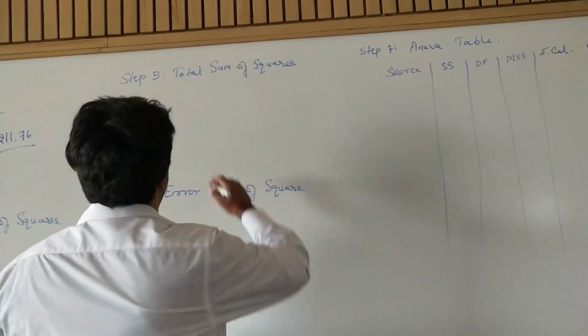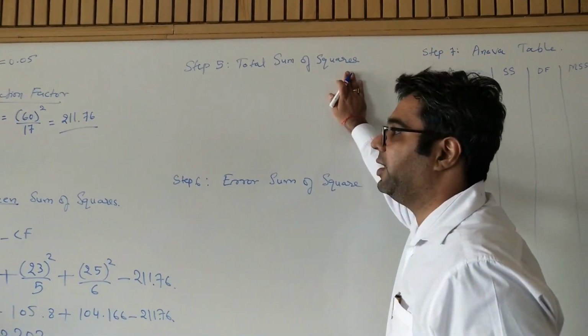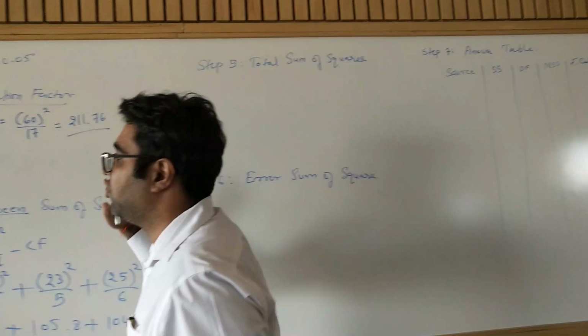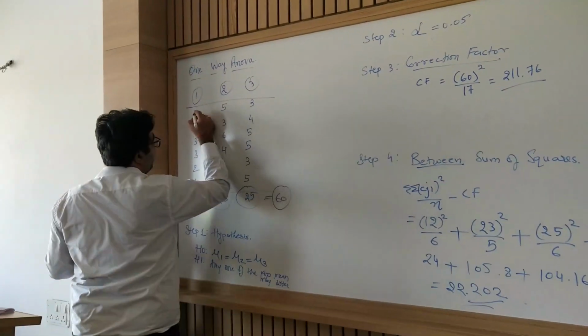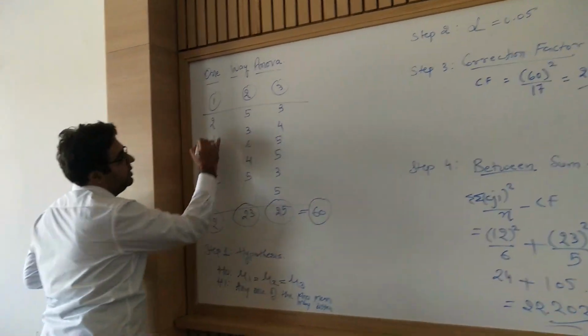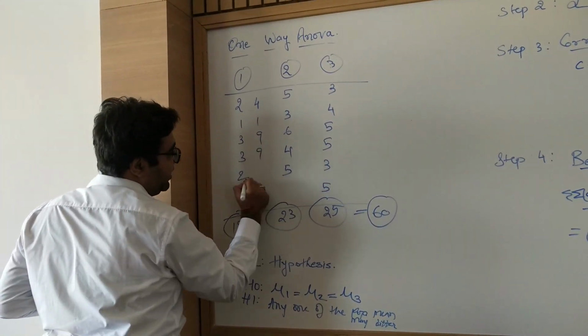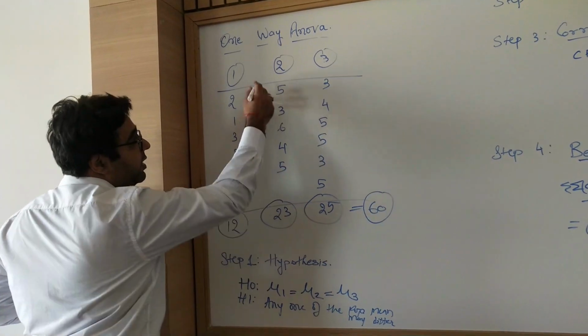Now comes the next step, that is the total sum of square, also known as TSS. Now see what we need to do. We just need to square all the elements individually. Like 2 square is 4, 1 square is 1, 3 square is 9, again 9, again 4 and 1 and so on.